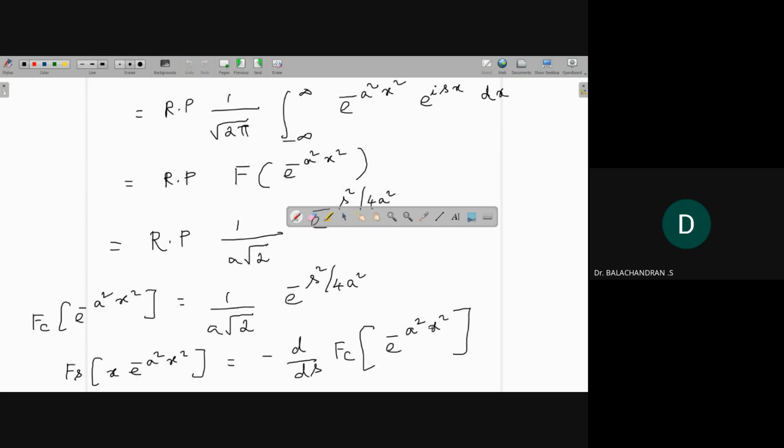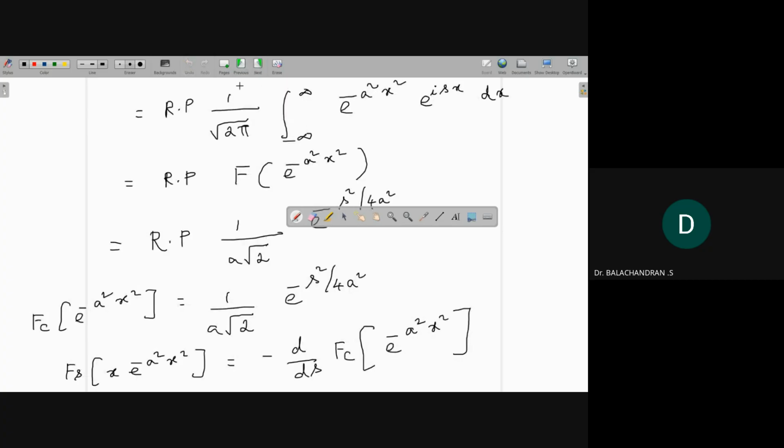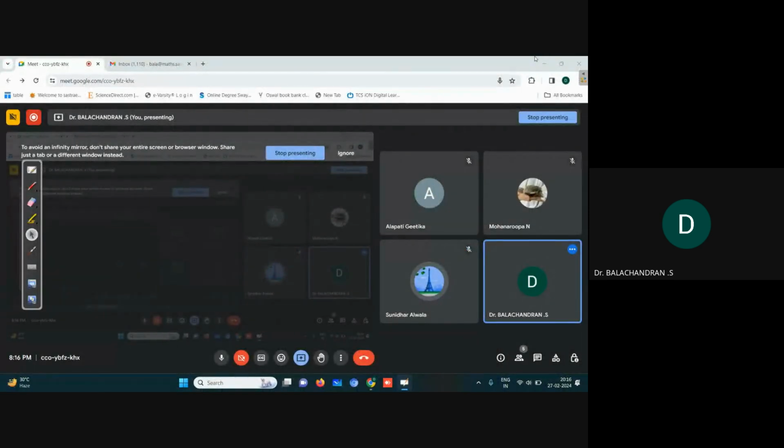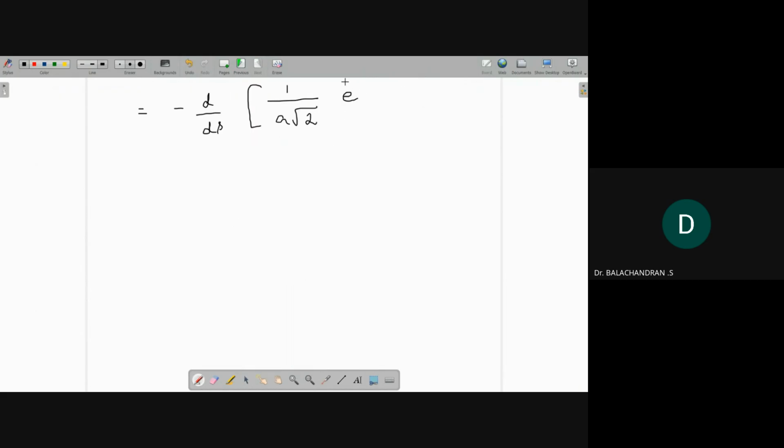What is Fc of e power minus a square x square? 1 by a root 2 into e power minus s square by 4a square.